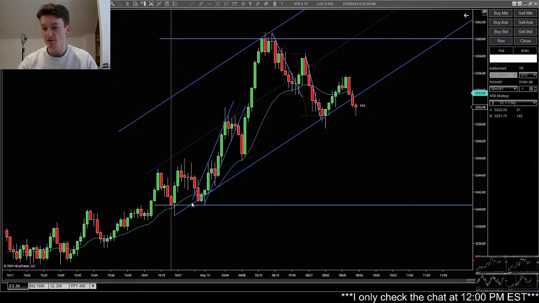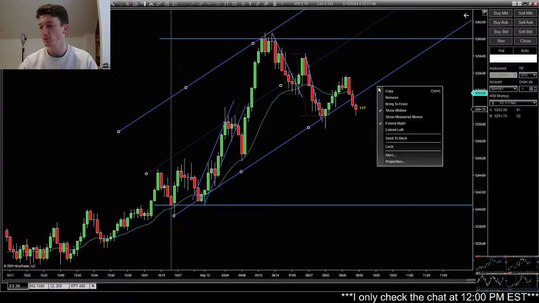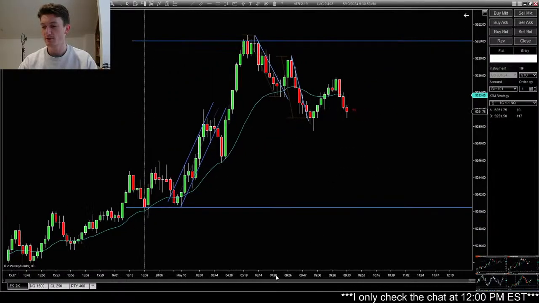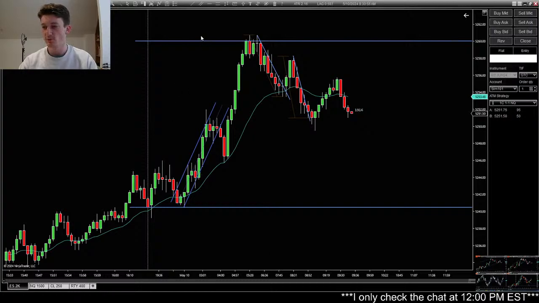ES is not looking like it's going to hold this kind of weirder uptrend, the wider one here. So I'm just going to remove that and look at this more as a range, the overnight highs and the overnight lows.